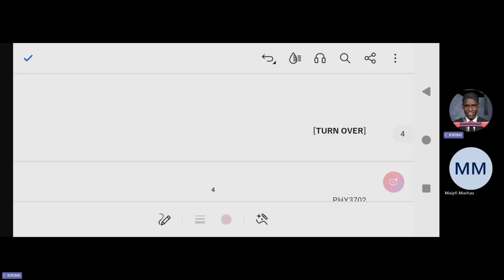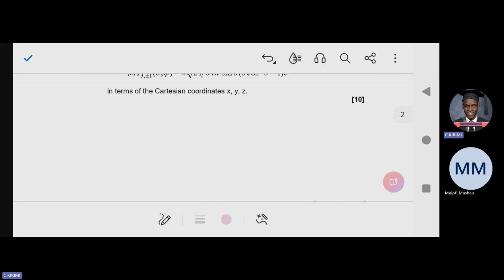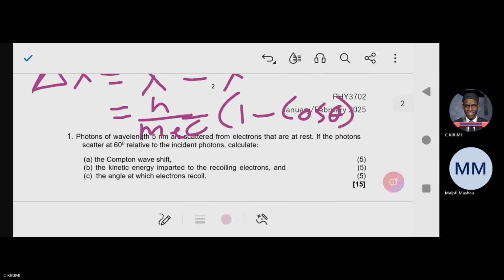So we use all the values to find what we have to find, which is the Compton wave shift. We are using the initial wavelength of the photons. We have everything.